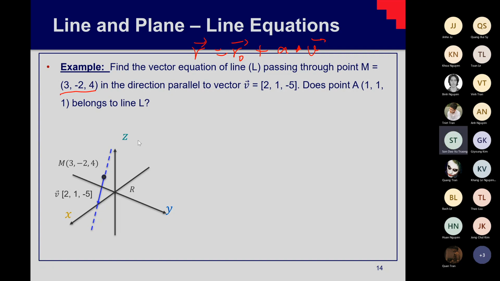Okay. Anyone have completed forming the equation for the line?